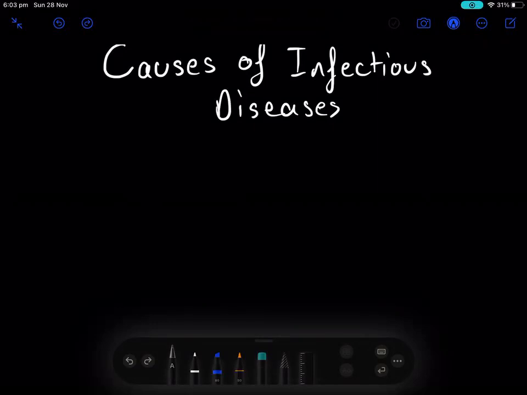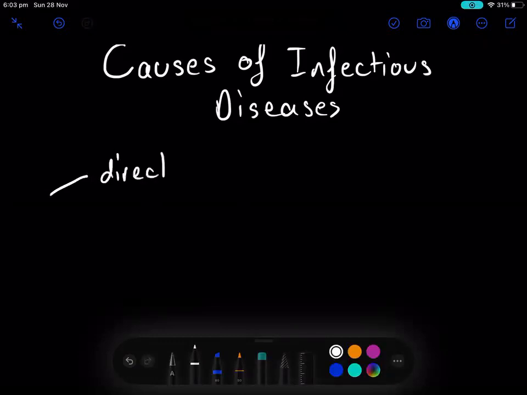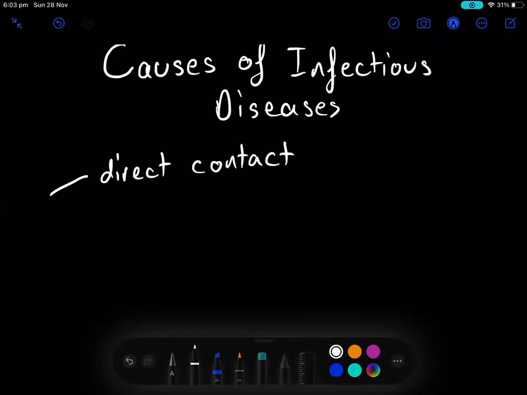All right, so there are three modes of transmission for a disease. This can either be due to direct contact, and this may be the exchange of bodily fluids through kissing, or it can be simply touching hands and other forms of skin-to-skin contact. Then we have indirect contact.